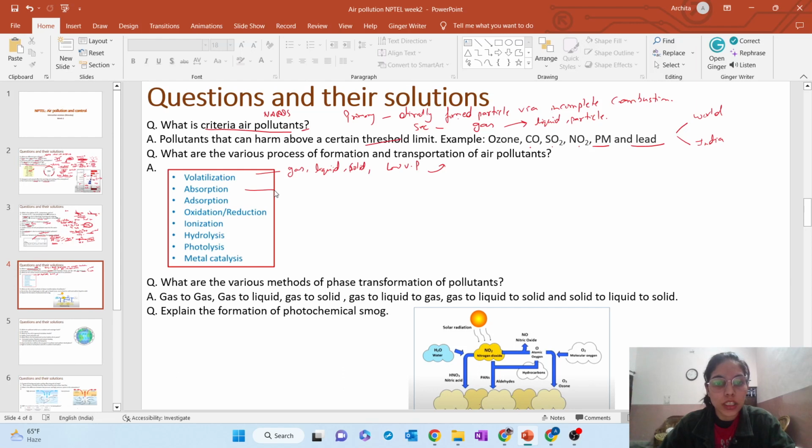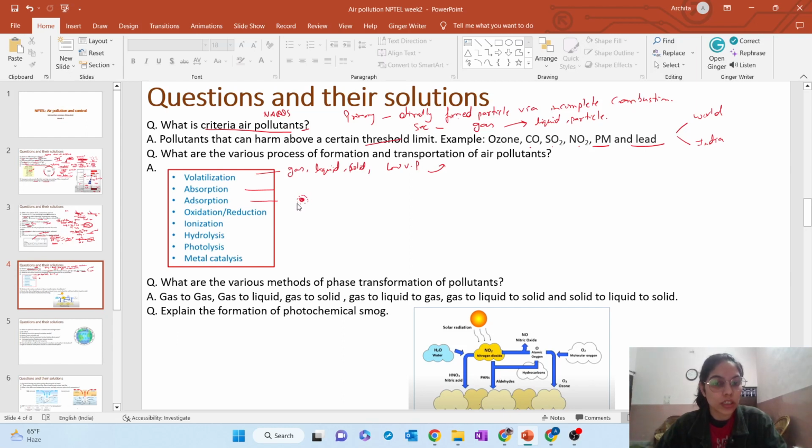Next is absorption, how well a gas is absorbed in a liquid. Adsorption is when a gas or a liquid gets stuck to a solid surface. It is not entering into the particle, it just makes a coating outside it.